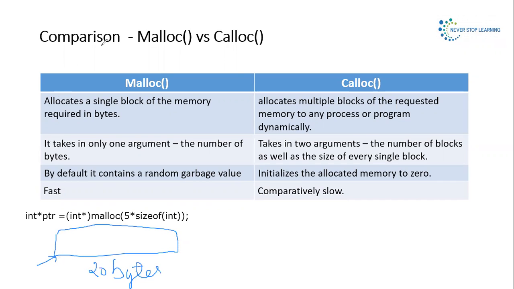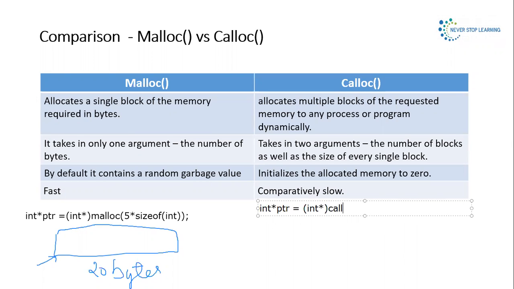Whereas if we want the same thing for calloc, what will happen? The syntax for calloc, if I want to do the same thing, will be int pointer ptr equals, and the casting type here also, int pointer.